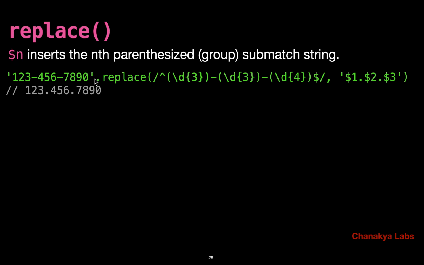So for example, let's say this is a regular expression and you do dot replace, and then let's see, yeah, so 3 digits and then 4 digits, all separated by hyphen. And it should start and end, nothing should be before and after that, right?